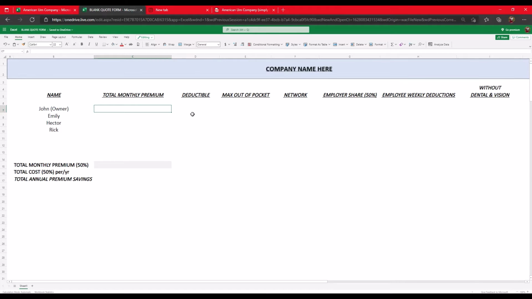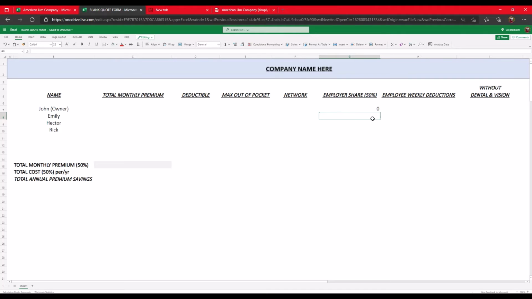So what we're going to do first is enter the values in. I'm going to go over here to employer share, which is 50% of whatever this number is. So we'll click here. We'll figure out what column and cell that total amount is going to be in. So it will be C7. So what you'll put here is equals C7 slash, which is divided by 2.